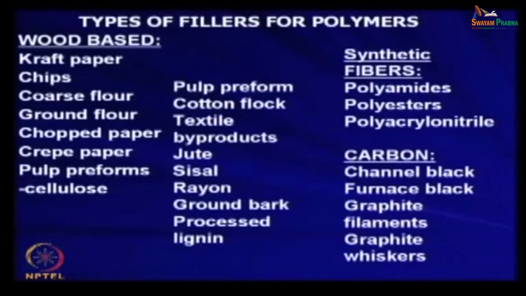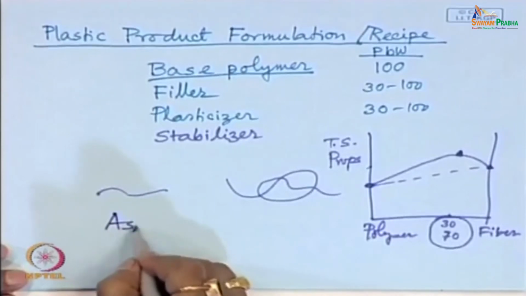Graphite fiber, carbon fiber made from polyacrylonitrile precursor, I mentioned earlier. Okay. Then graphite filaments, graphite whiskers. Whiskers are single crystalline materials, short fibers, single crystalline fibers having high aspect ratio. Aspect ratio, you know what is aspect ratio?